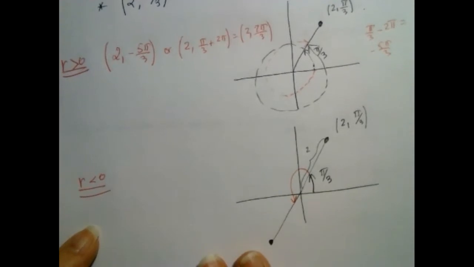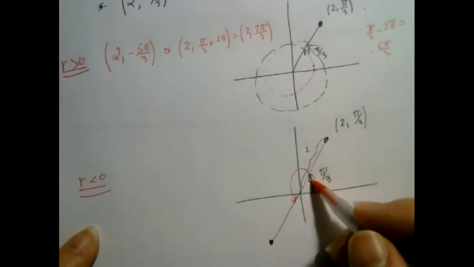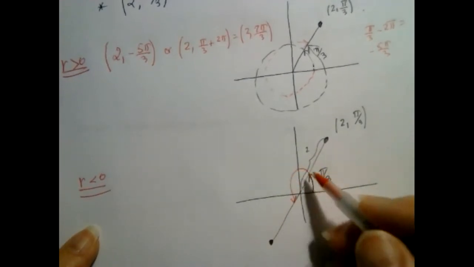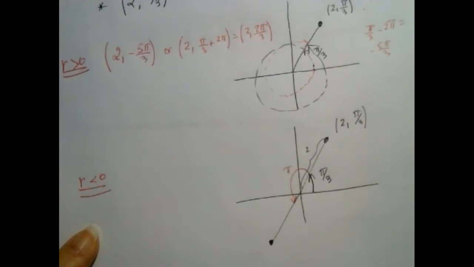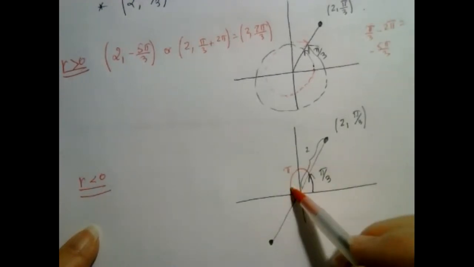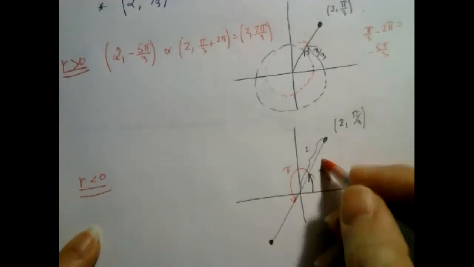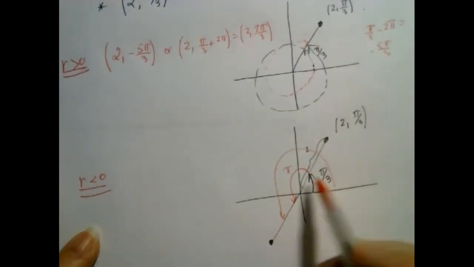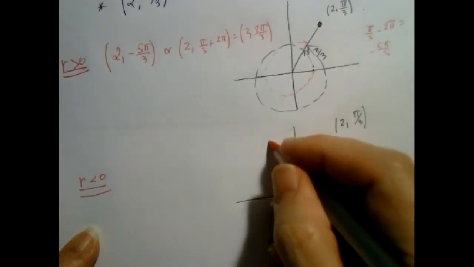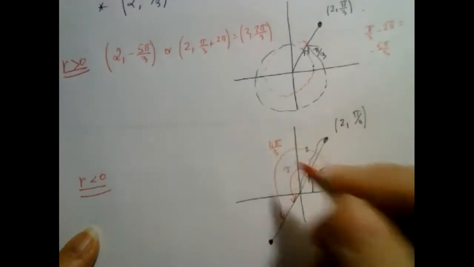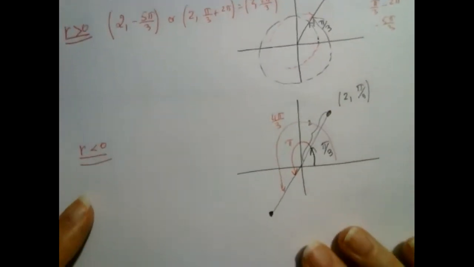How much did I add? What's the angle from here to here? It's pi over 3. Oh, isn't that just 180? Yeah, or pi. Yes, because we work in radians. And that's pi or 180. So now this angle, the whole thing from here to here, is pi over 3 plus pi. This is the 4 pi over 3 you're talking about.